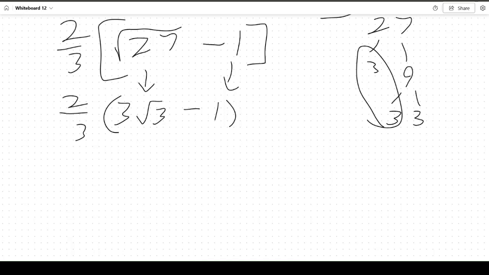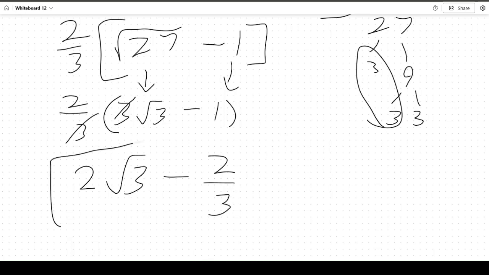So 2 over 3 times 3 square root of 3 would be 6 over 3 square root of 3, but we can cancel out the 3 here. So this would just be 2 square root of 3, and we multiply 2 over 3 times negative 1. So it will be minus 2 over 3, and this is our final answer for the arc length.